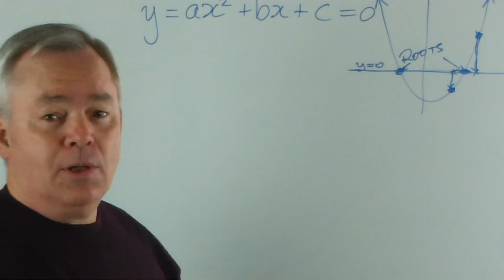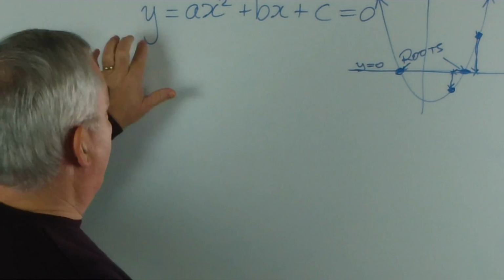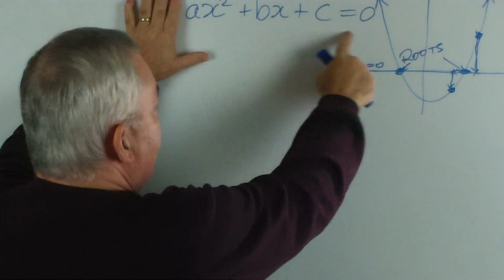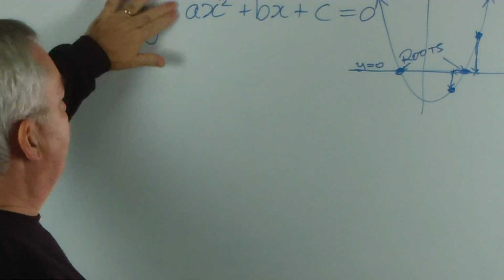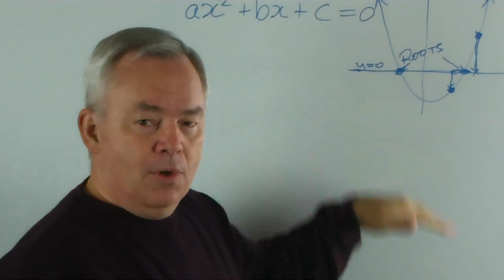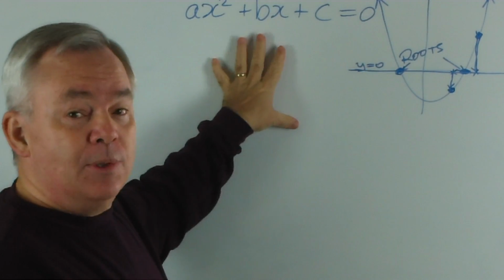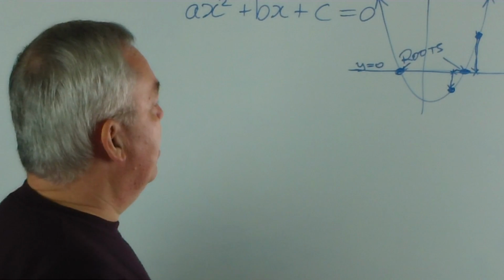And that is what the quadratic equation is for. It's for solving not this equation, but this equation. So I'll conveniently get rid of the y equals. And we're going to start with this and derive the quadratic formula, which in essence is a rearrangement of this same equation.